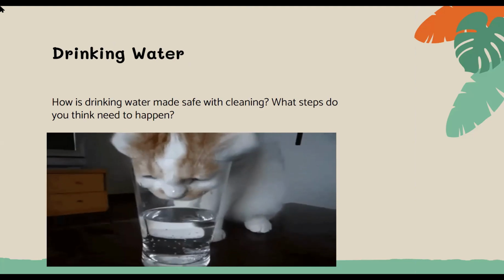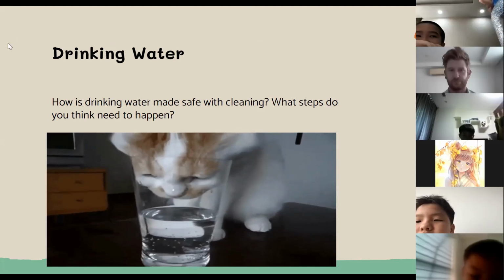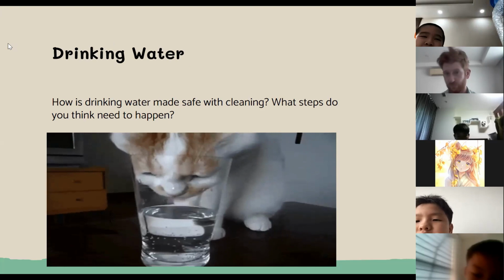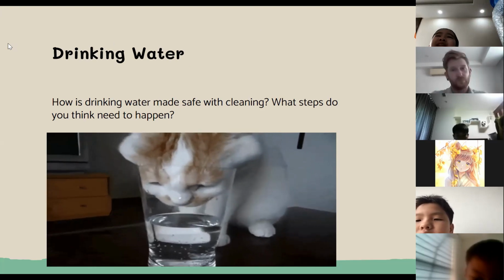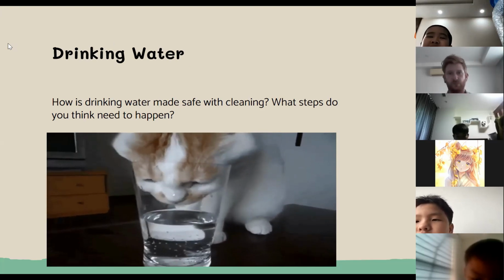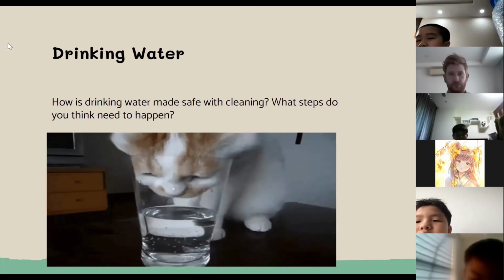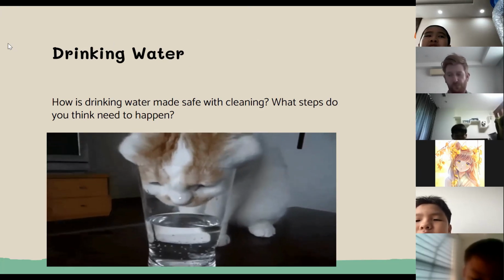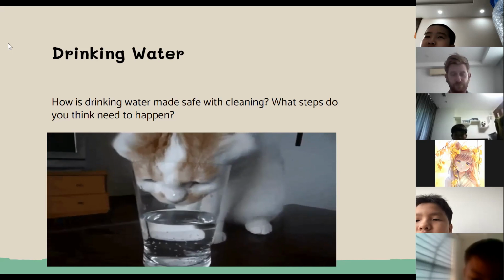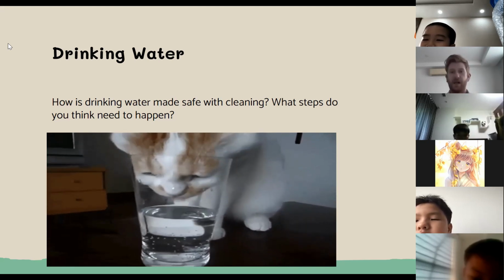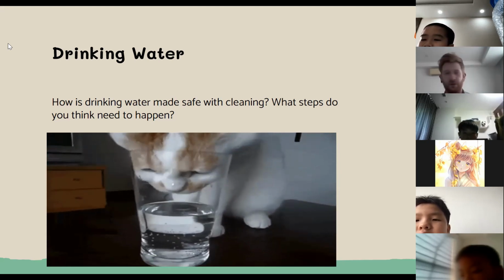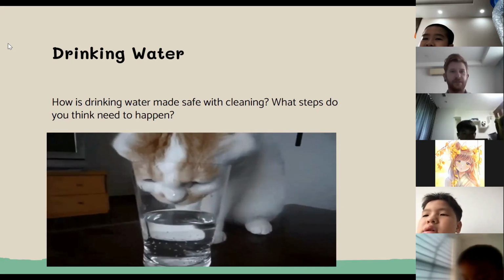How is it made safe for cleaning? First, we need to get water from places, and then we need to filter and boil the water so that all of the dirt, all of the bacteria, and all the solids get removed. Kind of, but no.